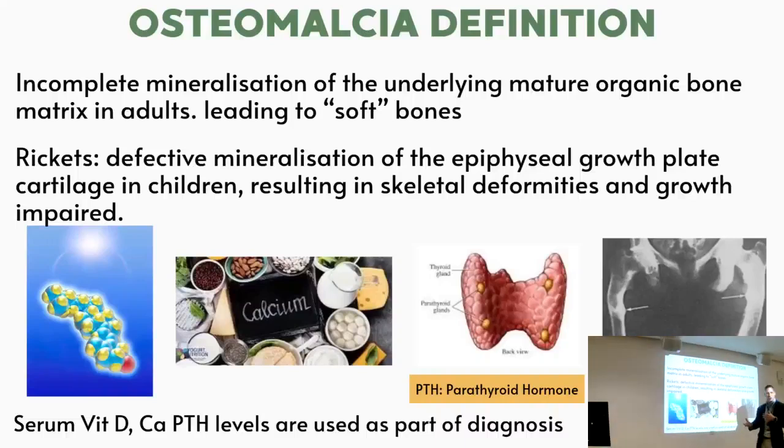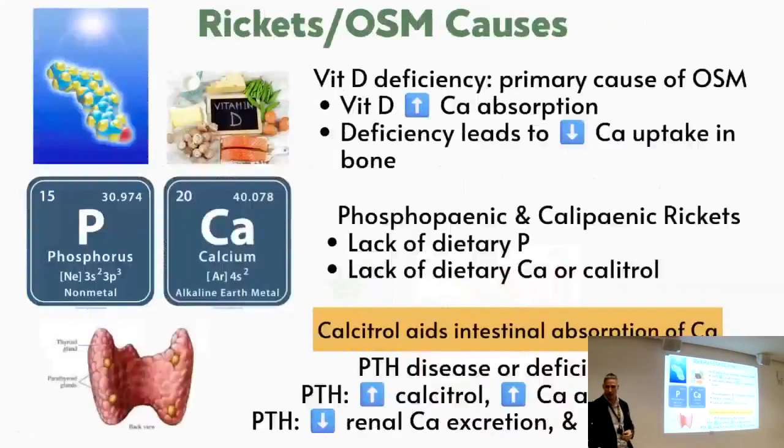If somebody's waddling, they've got poor gait, for example, because you can measure serum vitamin D, you can measure calcium, but you can also measure parathyroid hormone as well, because maybe you've got enough calcium, maybe you've got enough serum vitamin D and sunlight coming in, but parathyroid is an important hormone which helps us absorb that calcium, therefore laying it down into our bone and allowing the mineralization to take place.